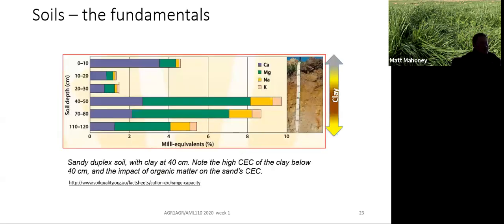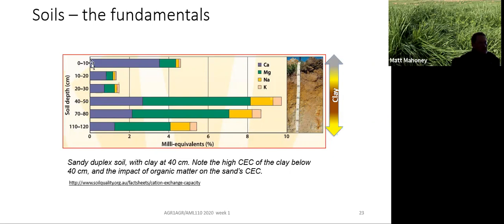As we go through a soil profile, I'm giving you an idea of how the cation exchange capacity can change as you go through a soil. This is what's called a sandy duplex soil with a sandy topsoil over a clay subsoil.